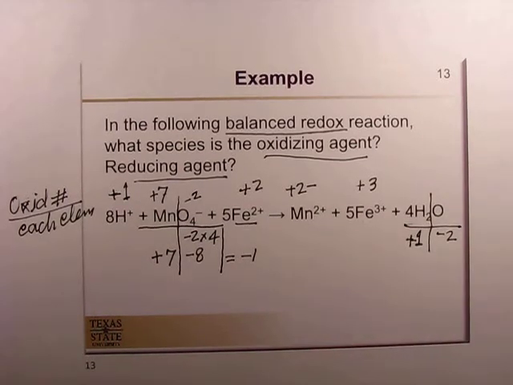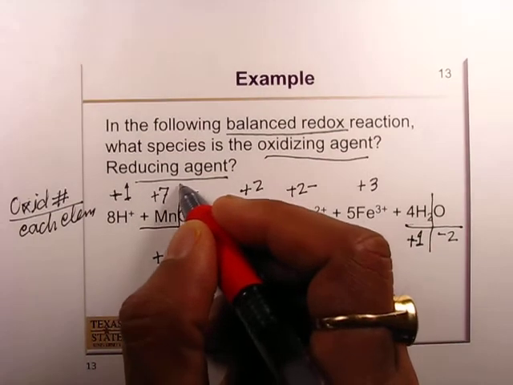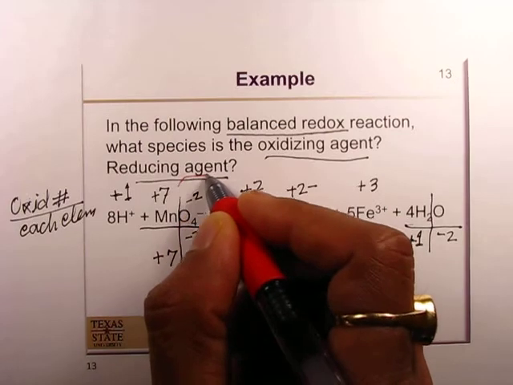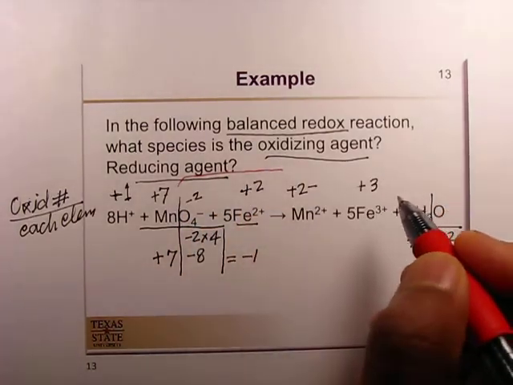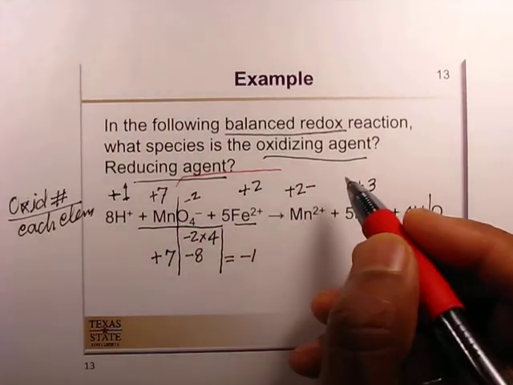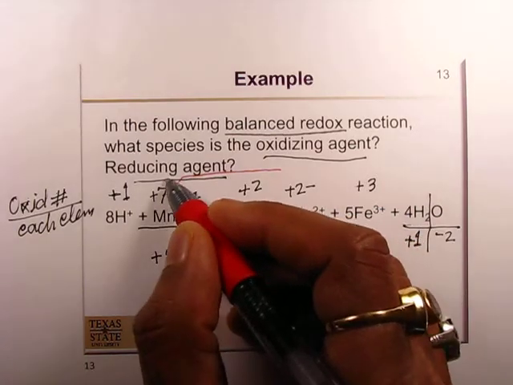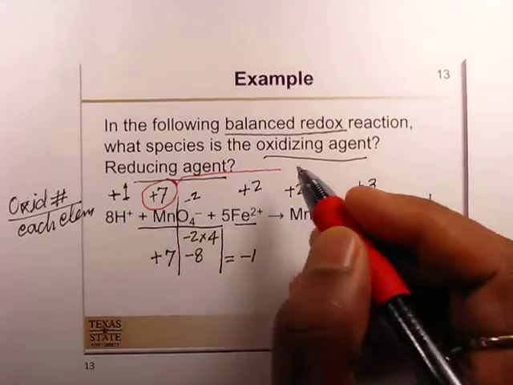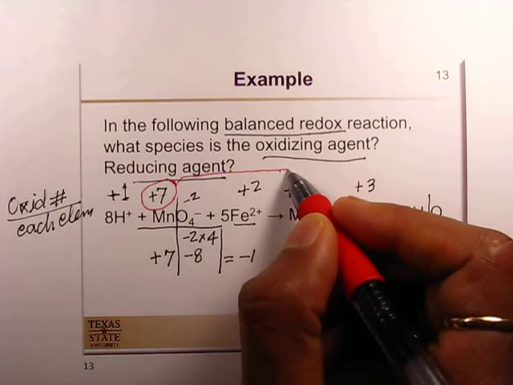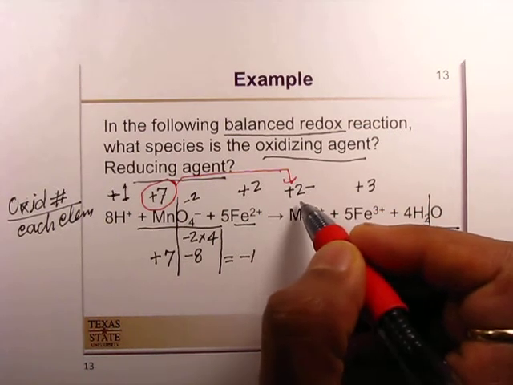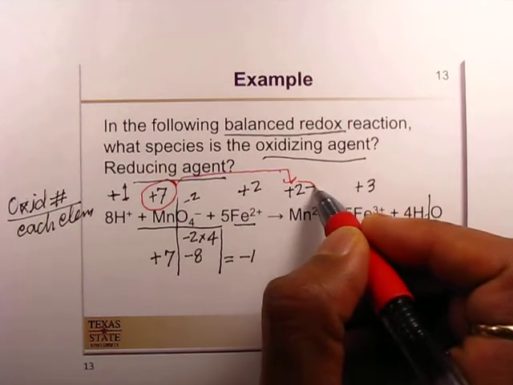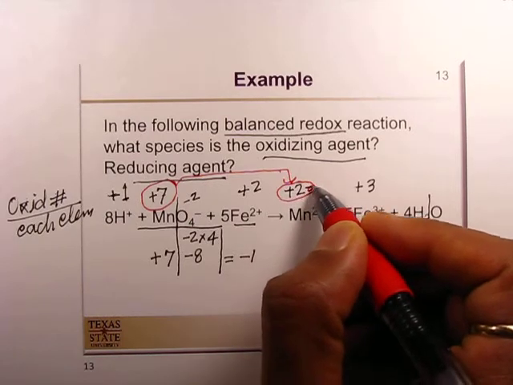So let's see which element is losing electrons and which element is gaining electrons. If you see here, the manganese ion is going from +7 oxidation state to only +2 oxidation state.